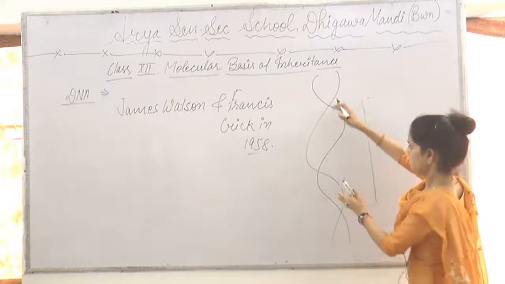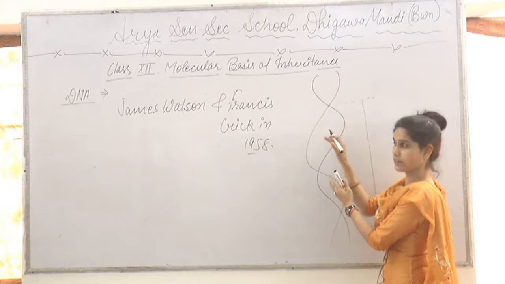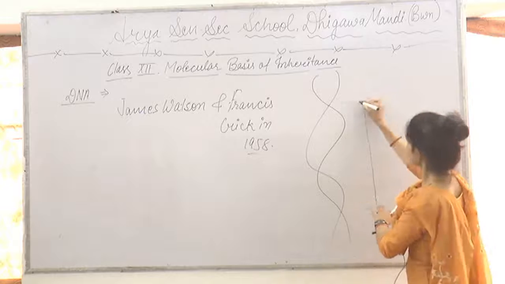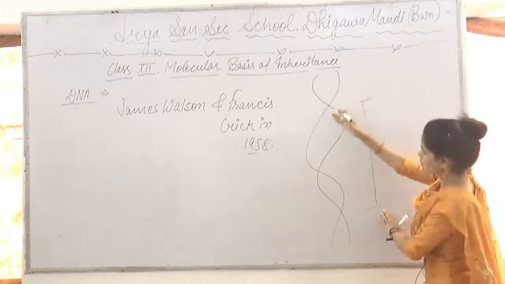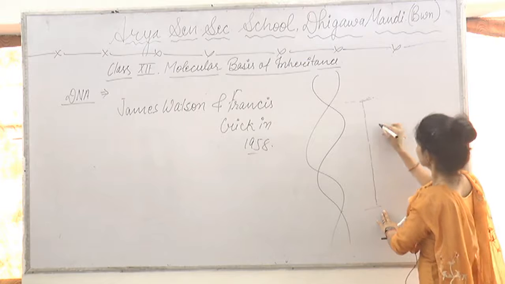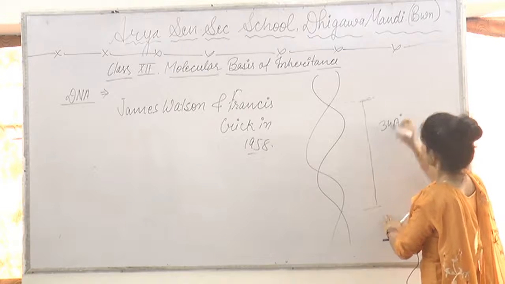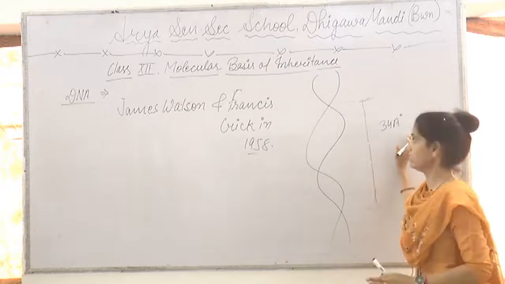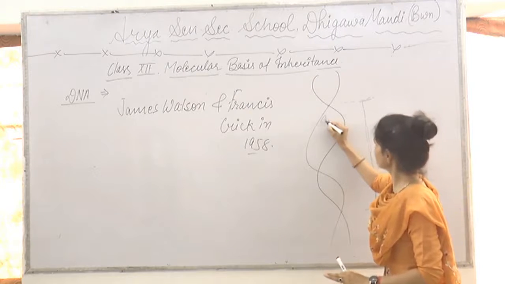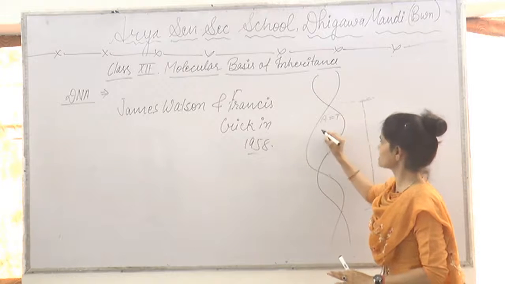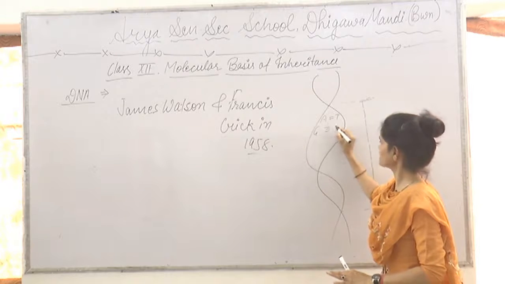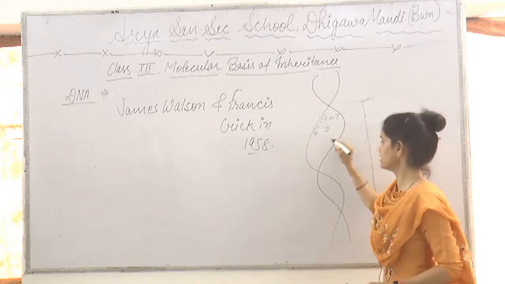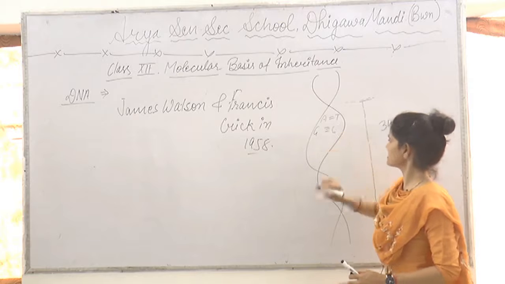One helix of bDNA has 10 base pairs, and the length of one helix is 34 angstrom in bDNA. At the center the nitrogenous bases are present, and adenine always pairs with thymine, and guanine always pairs with cytosine.